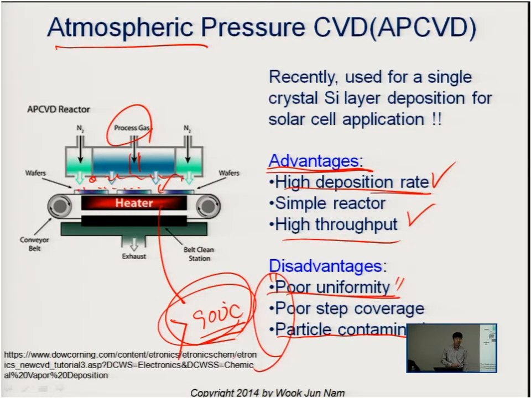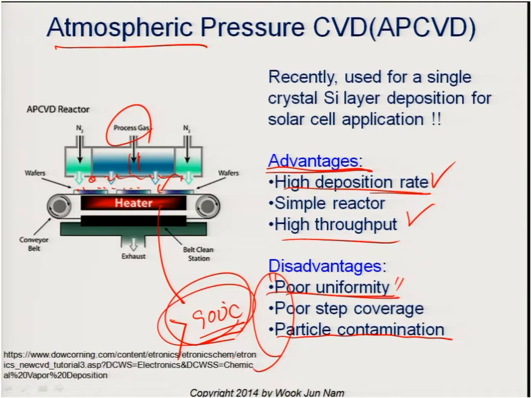People thought of this as a pretty old technology, but interestingly, since it uses a very high temperature, it can grow single crystalline film.